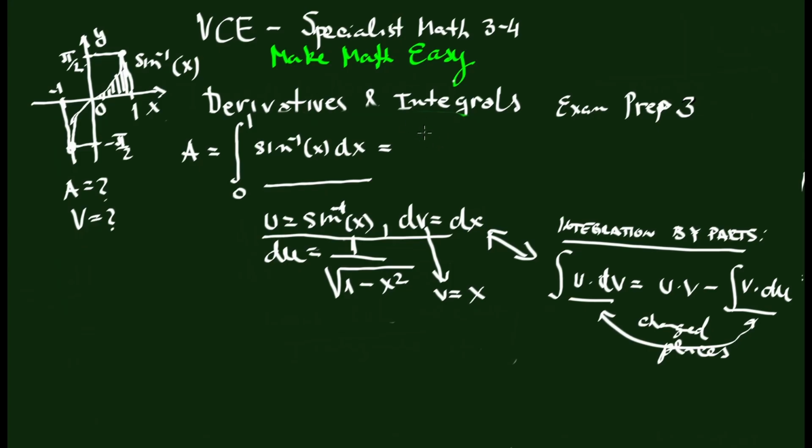So we rewrite it as u times v, which is sine to the power minus 1 of x times x, minus the integral of, we'll forget the boundaries for now, so keep them in mind.